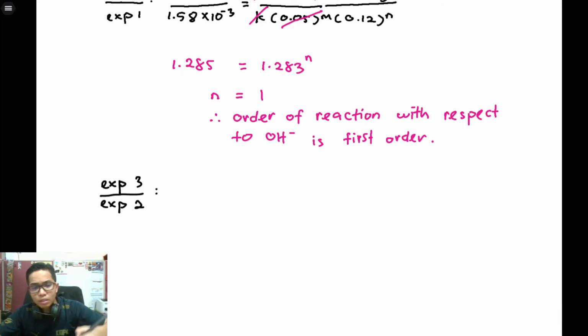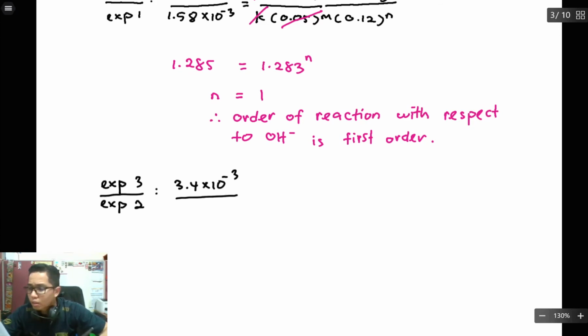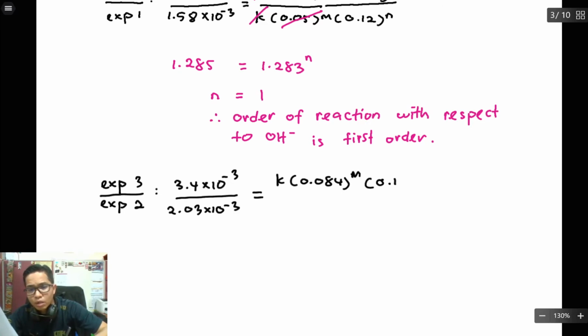The rate for experiment 3 is 3.4 exponent negative 3 divided by experiment 2, 2.03 exponent negative 3, equal to rate constant k, CH3COOCH3 0.084 to the power of m and 0.154 to the power of 1. Why 1? Because we already found it is first order, so just substitute.